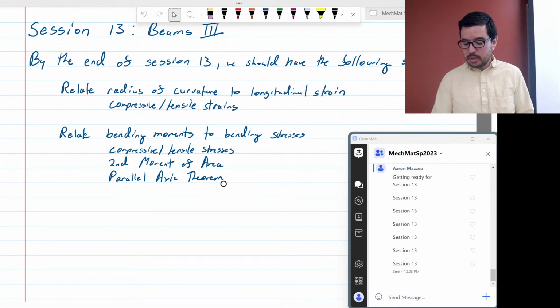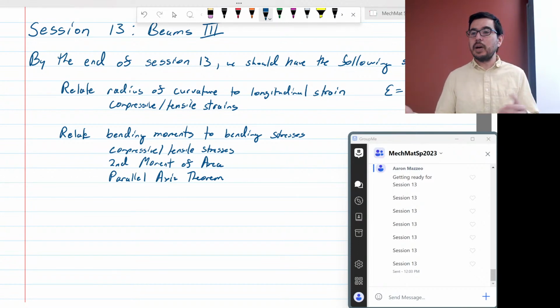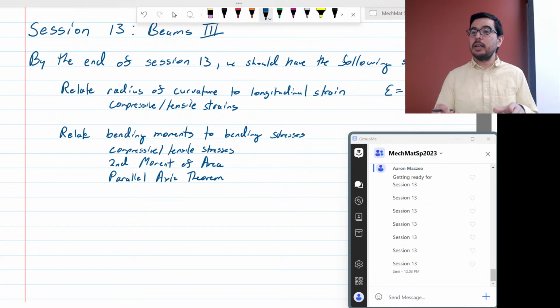People are often wondering, what are the equations that I need to keep in mind? Well, the equation relating the strain to the radius of curvature is epsilon equals minus y over rho. Y, as you'll see in the videos and in the problems, is the distance from the neutral axis. The neutral axis is the axis that doesn't have any compression or tension on it. It curves, but it doesn't change its length.